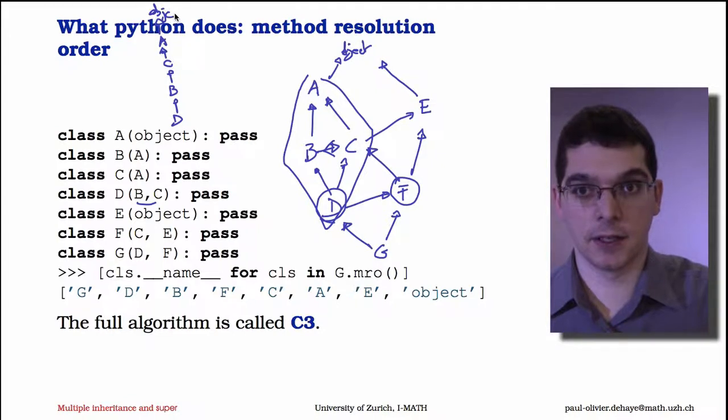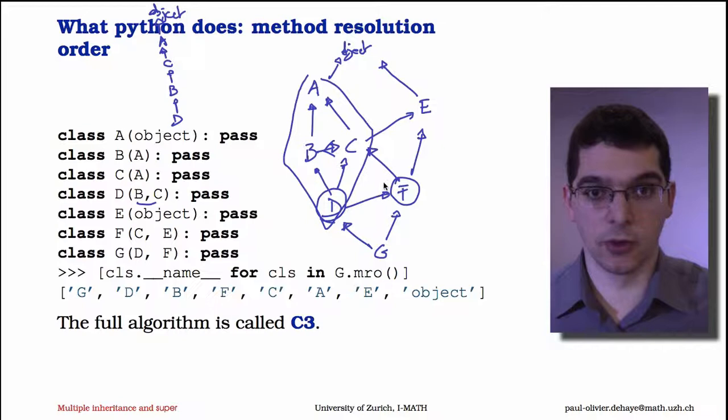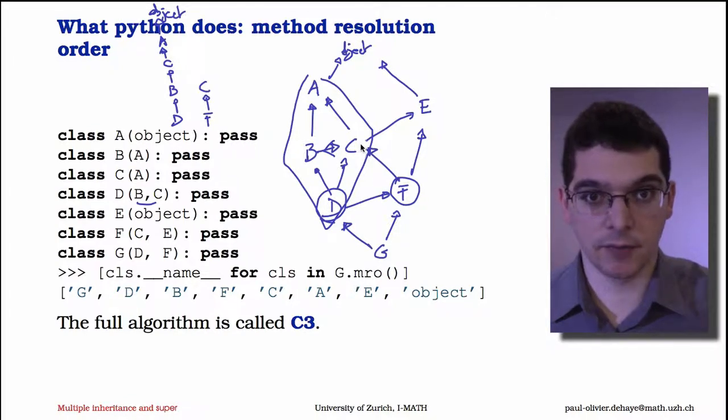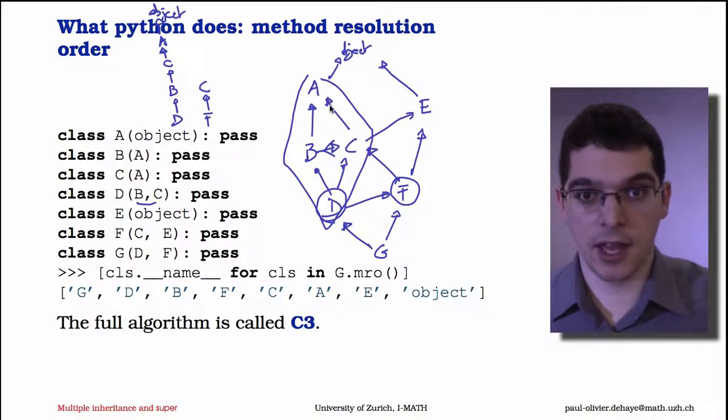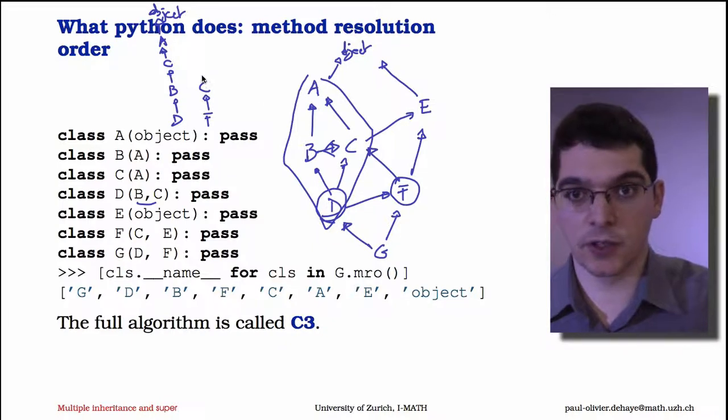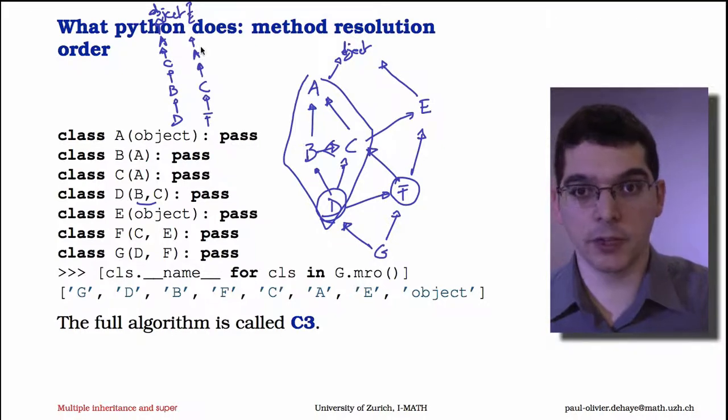So this is the method resolution order for D. The method resolution order for F would be quite simple. F depends on C, so that's forced. And then it's not clear whether A should come first or E should come first, right? But it turns out that A comes first, and then we go for E, and then we go for object.